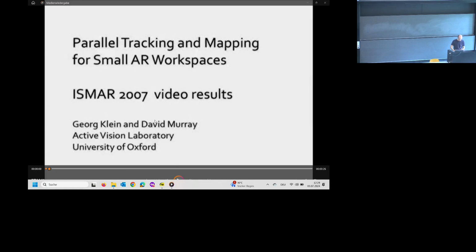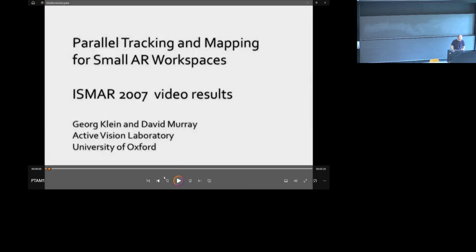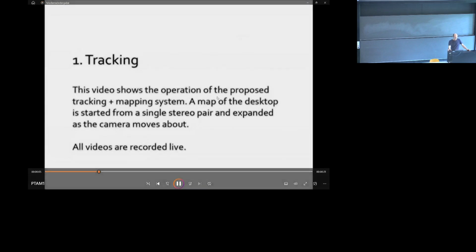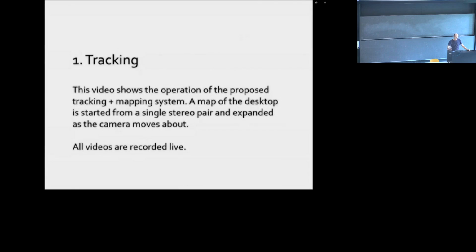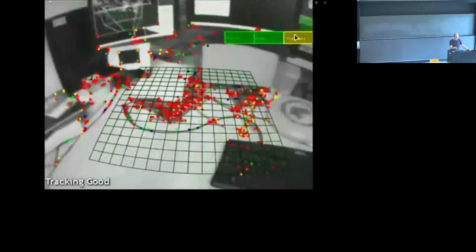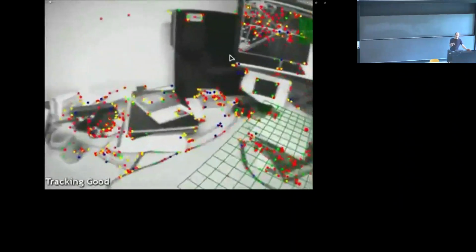I'll try to play the video again. Here we go. This is 2007, and what's happening here is all recorded live, so everything is computed in real time. It tracks points, it finds correspondences, and then you can see it estimates the 3D location.